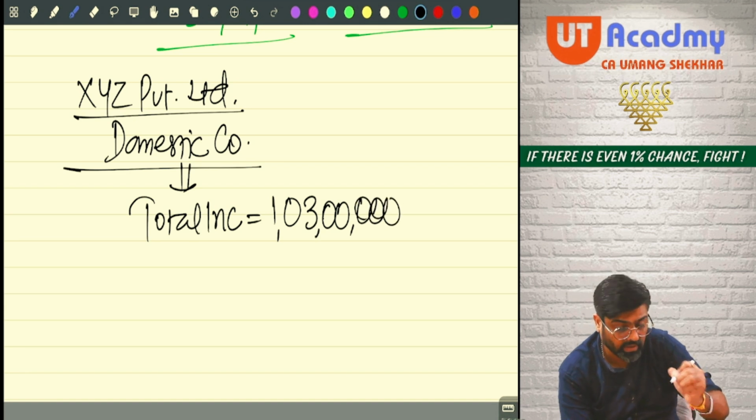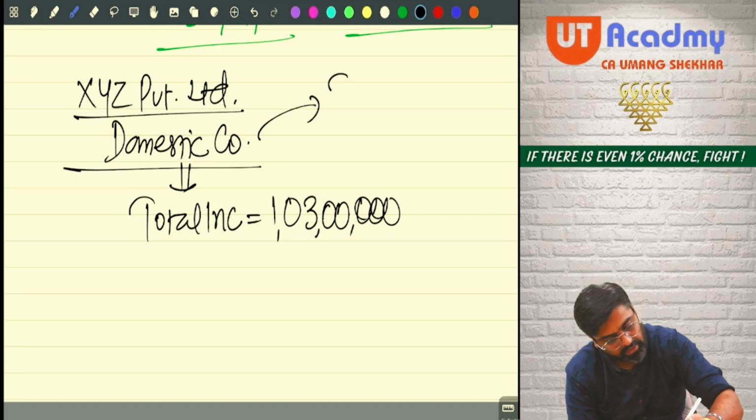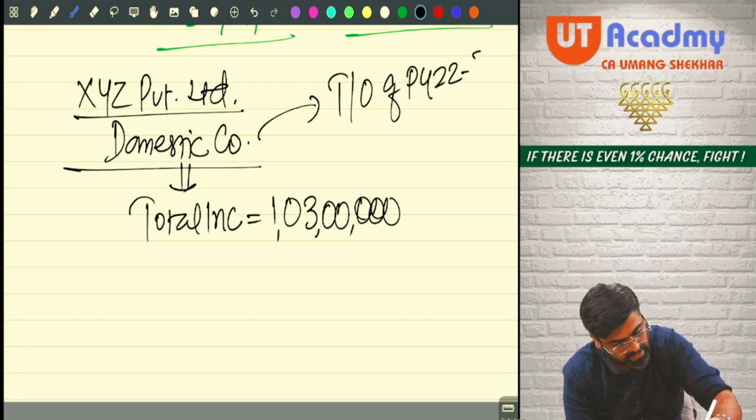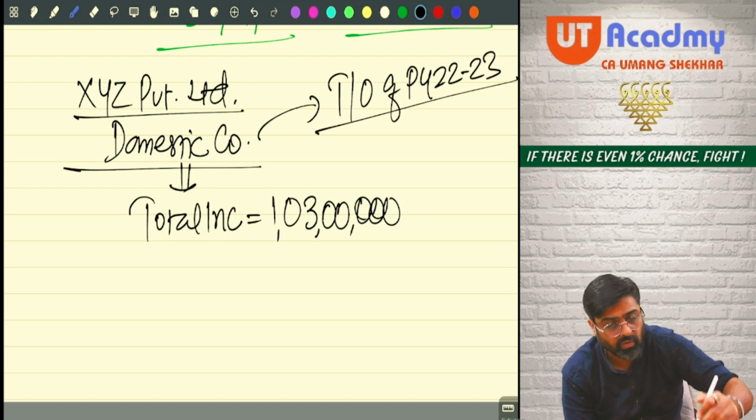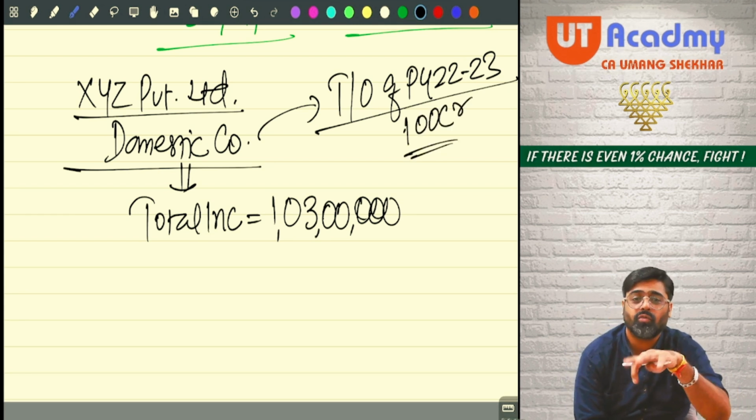How much, sir? 1 crore 3 lakhs. And sir, for this domestic company, the turnover of previous year 2022-23 was also given in the question. The turnover of previous year 2022-23 was only 100 crores, sir. Meaning less than 400 crore.